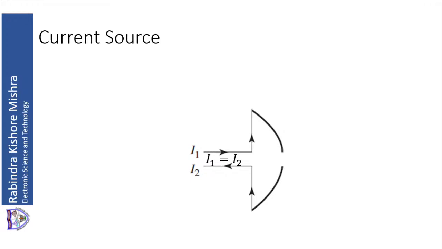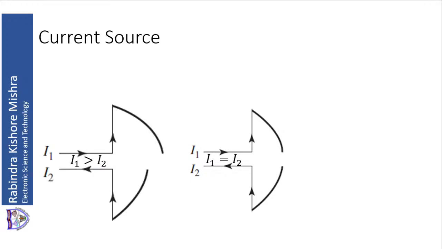Now if I1 is equal to I2, then the current distribution on this wire will be shown like this. This is the current distribution. But if I1 is greater than I2, then the current distribution will be distorted, and you can see the new current distribution will be in this form, where now you can see the amplitude of I1 is more.